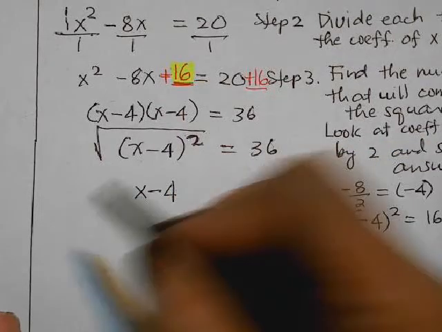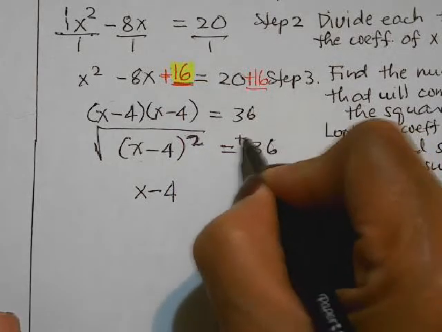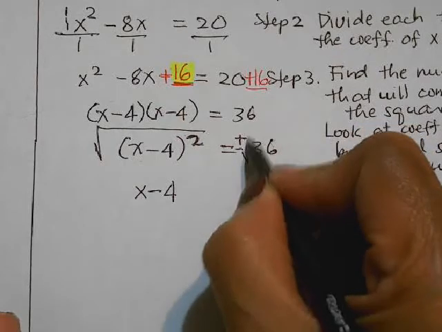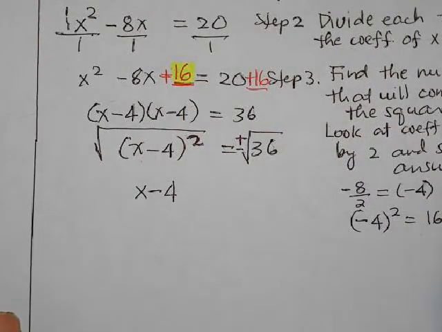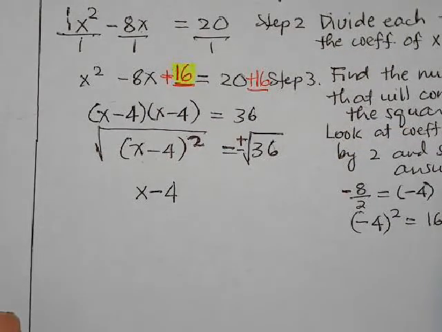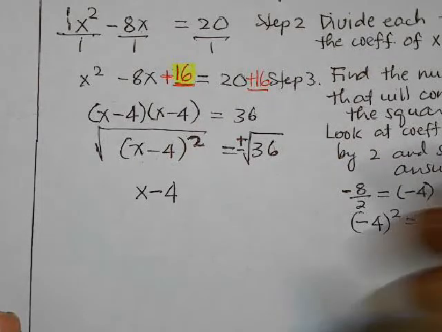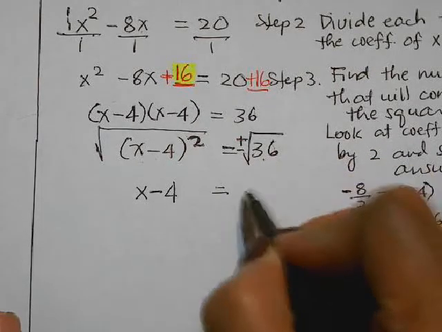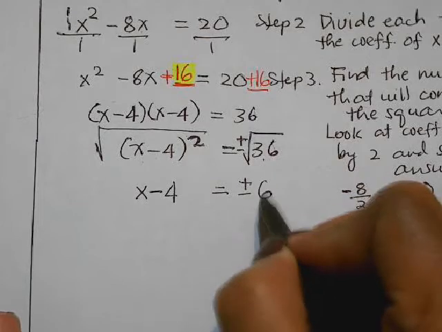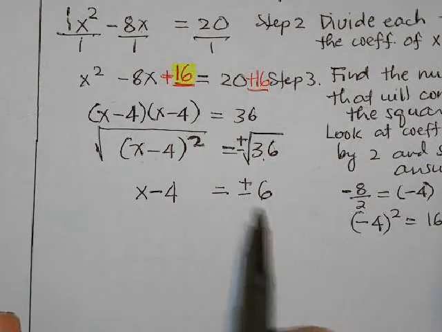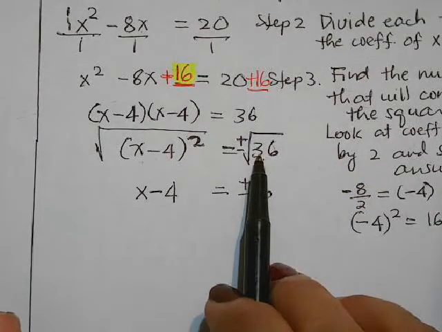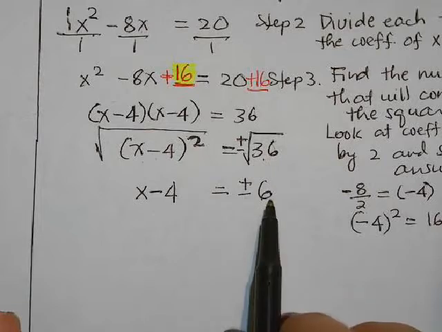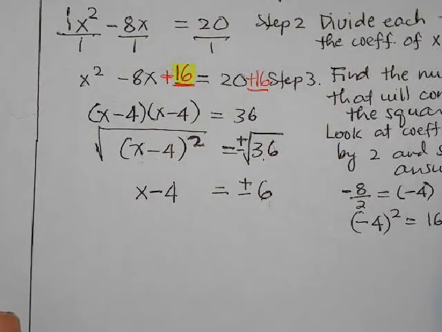What you do on the left, you do on the right. But here, don't forget to write plus and minus, because plus and minus, when you square, give the same number. This is a perfect square, plus and minus 6. Plus 6 squared is 36. Minus 6 squared is also 36.